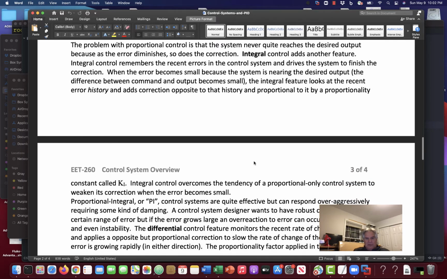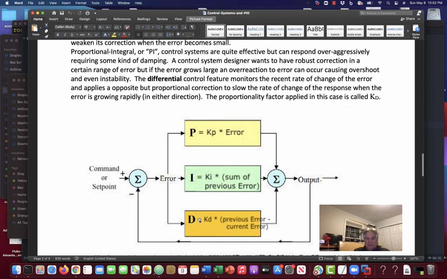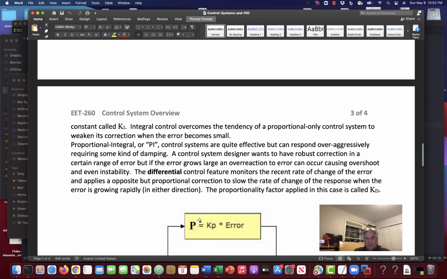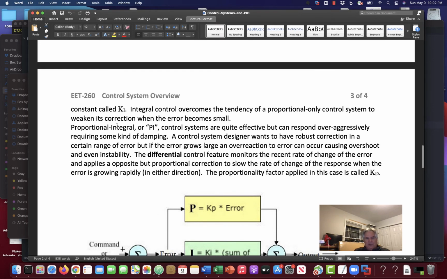In integral, you add up the history, the error history, and you multiply that error history by K sub I, and that will add in some more correction. And proportional integral systems, so we had the P system, now we have the PI system.